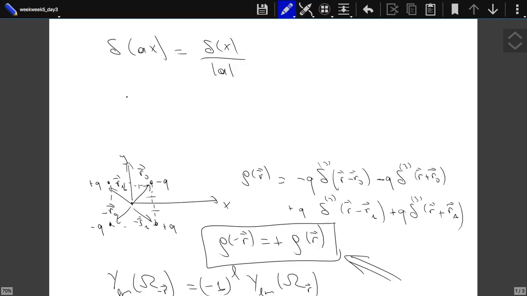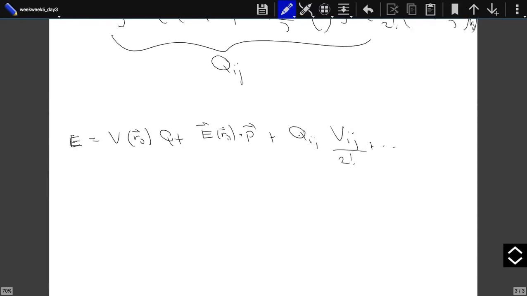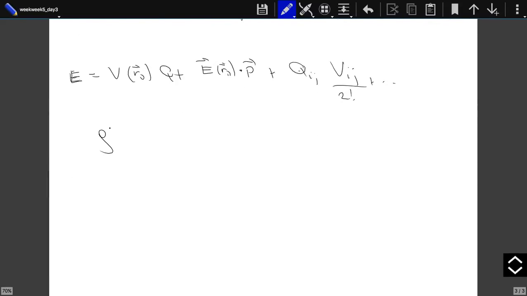Okay, so let's do it like this. We know that rho is equal to, suppose you separate your charge distribution, rho 1 plus rho 2 plus rho 3. You just separate them by whatever convention you want.